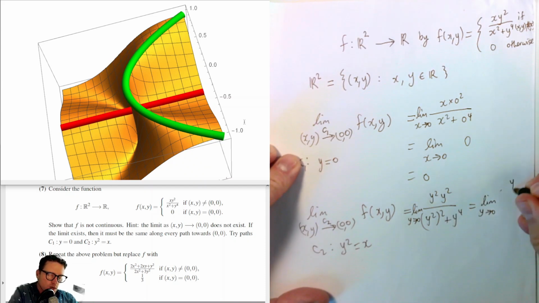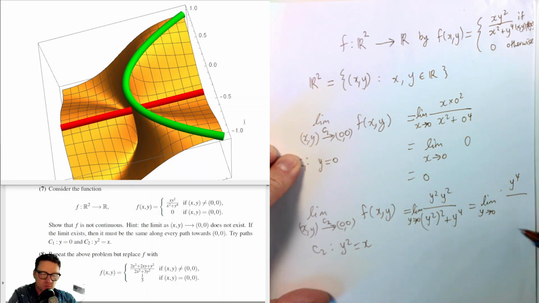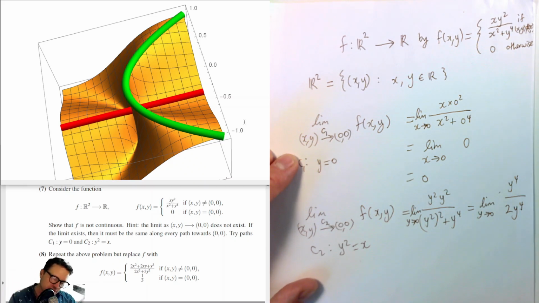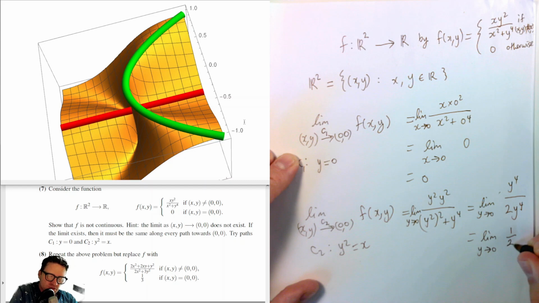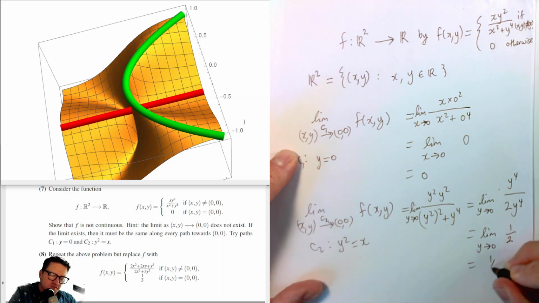Simplifying this, that's y to the fourth over y to the fourth plus y to the fourth, which is 2y to the fourth. Now I can cancel this because it's a limit. I'm not evaluating this at y equals 0, I'm just evaluating this extremely close to y equals 0. So I have the limit as y goes to 0 of 1 over 2 because we can cancel the y to the fourth there.